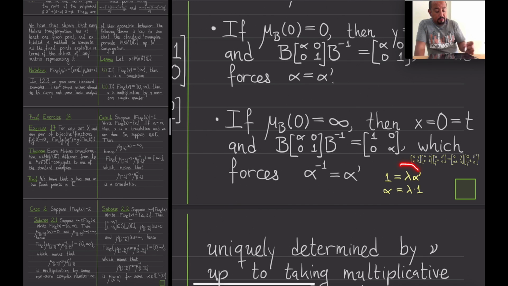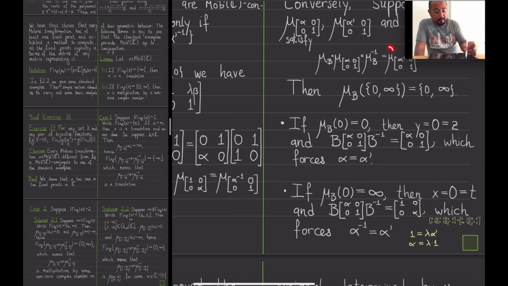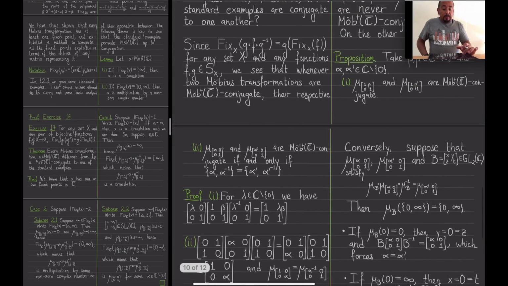And again, this tells you that this matrix has to be equal to lambda times the matrix alpha prime 0, 0, 1, from which you deduce this, and this tells you that alpha inverse is alpha prime. Okay, so we are done.